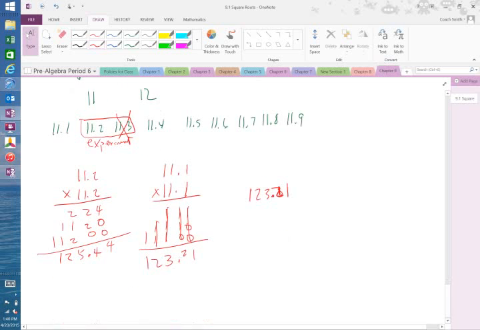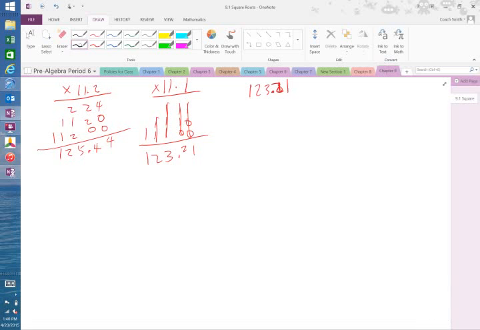So let's say we have one like this. Let's make it a little harder, and we have 5y squared equals 110. Well, if that was 5y equals 110, what would I do to solve it? Divide by 5. So we do the same thing.